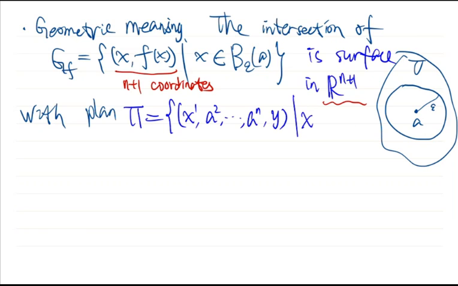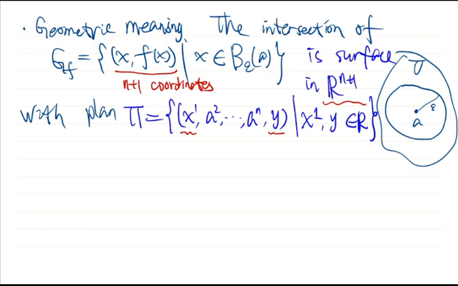Here, x1 and y are real numbers. So this is a two-dimensional plane in R^(n+1), because it has two variables, x1 and y. The intersection of this graph and this plane is a curve.